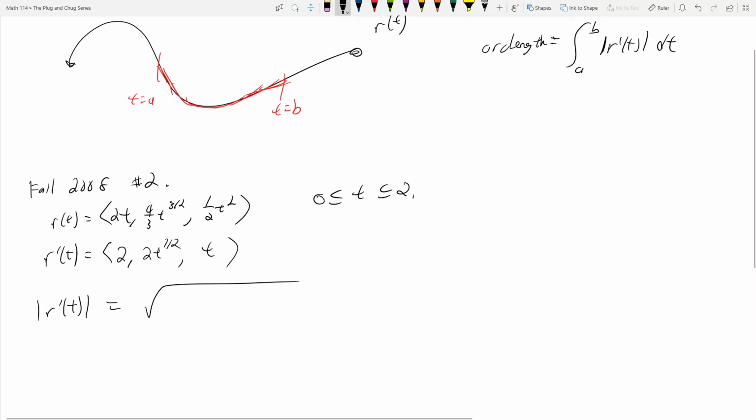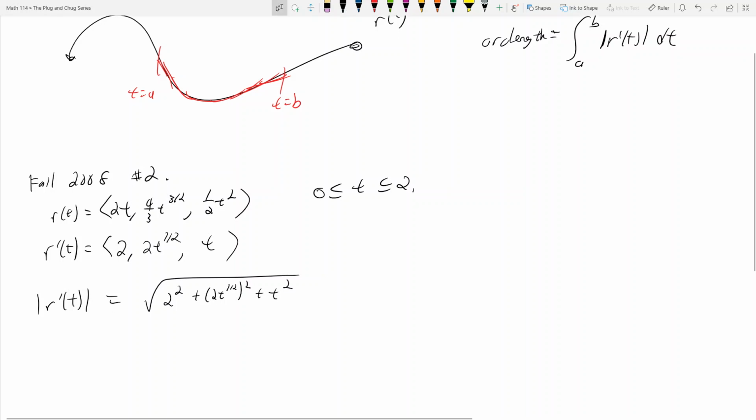Well, that's equal to the square root of 2 squared plus 2t to the 1/2 squared plus t squared. And that's equal to 4 plus, and then you can just essentially raise each guy here to the second power. So that's 4t plus t squared.